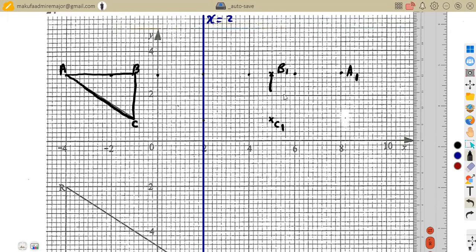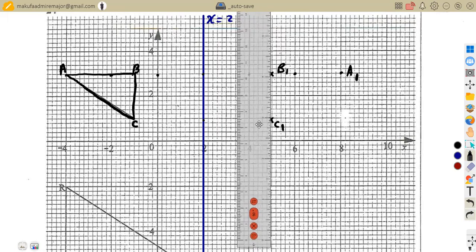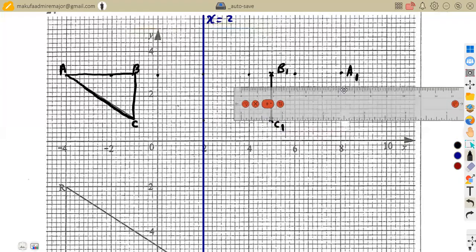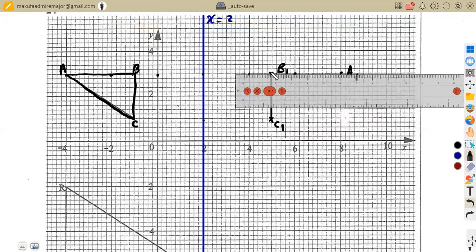Then you join your points, in this case from point B1 to C1. We are just going to join these points. We do the same thing from the point B1 to the point C1. All right. So this one we can just join B to A1 like this.